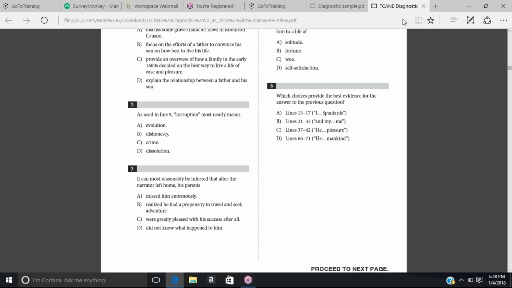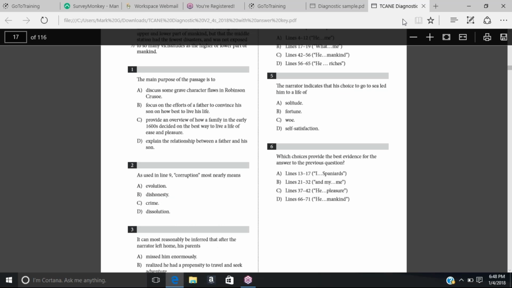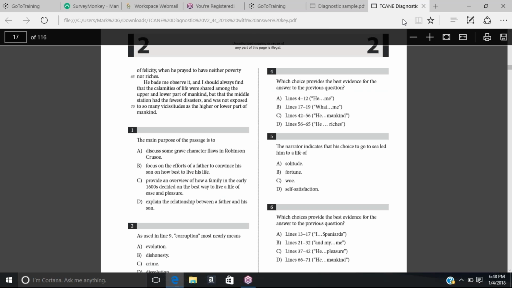18 and 19 said, I'll read it, "What became of my second brother I never knew, any more than my father or mother knew what became of me." D is well supported. And because we found that good support, look at the reward we get for question 4.